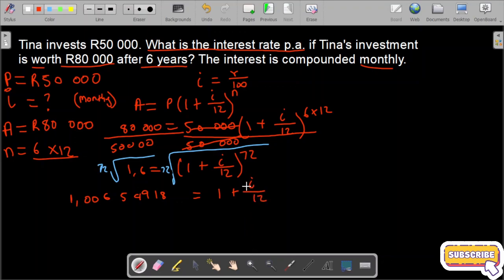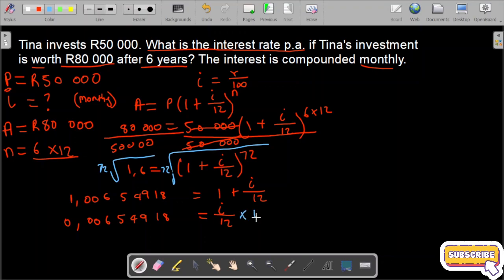Now from here, remember I'm looking for this I here. I'm going to take 1 to the other side. It's going to change the sign, so it's going to be minus 1. So I'm just going to have 0,006 54918 equals I all over 12. Now remember, I'm looking for I, so I need to get rid of this 12. How do I get rid of that 12?